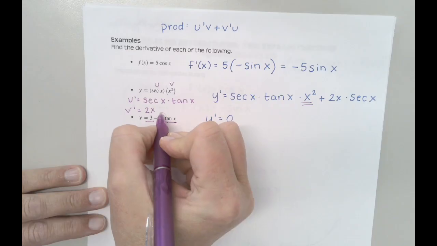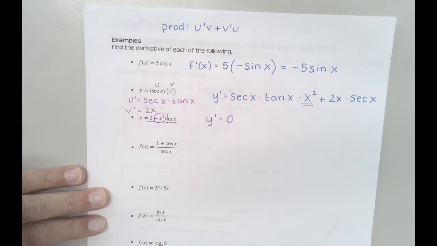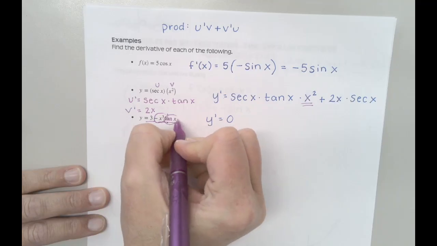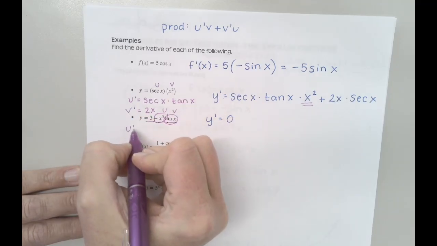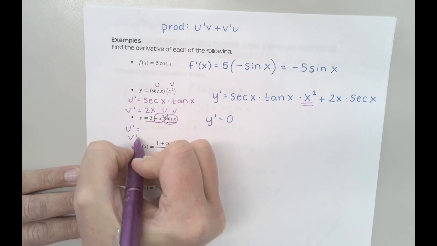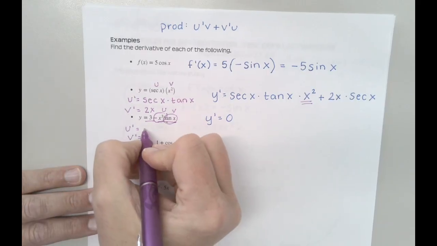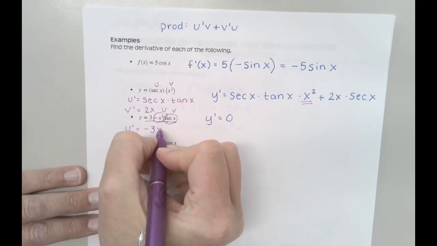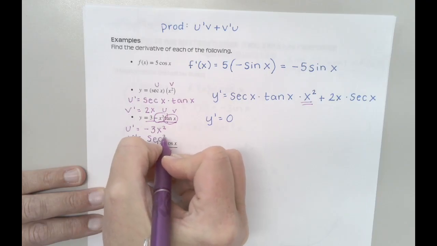When I do my product rule, this minus sign, it's going to be easiest if you just attach it directly to the x cubed and have this be your u and this be your v. So u prime, v prime. Derivative of negative x cubed, I was saying the answer already, would be negative 3x squared. And derivative of tangent is secant squared of x.